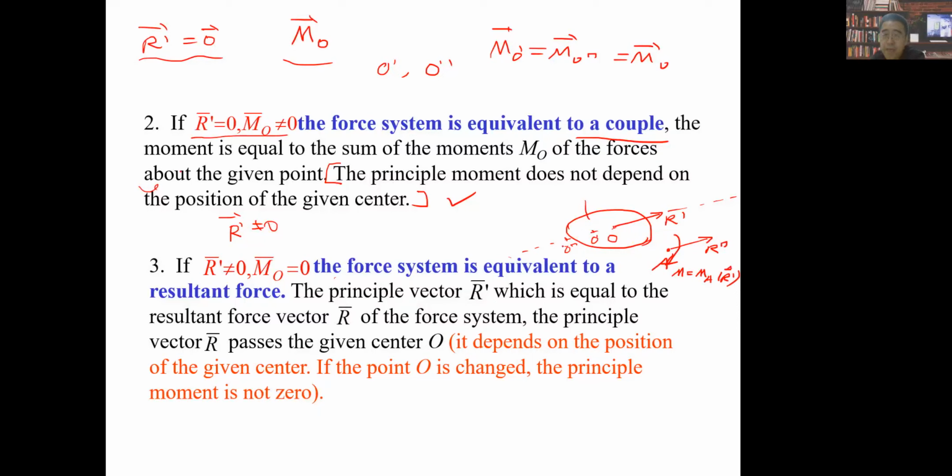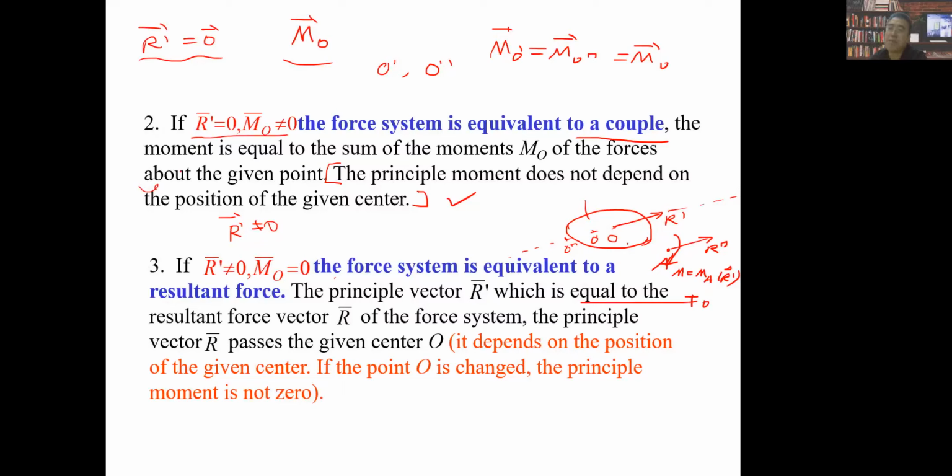That means if you select a point which is on the action line of R prime, you will always get the same result R prime. But if you select a point not on this line, then its moment MA will not equal zero. Can you understand that? I think maybe it is hard to understand.